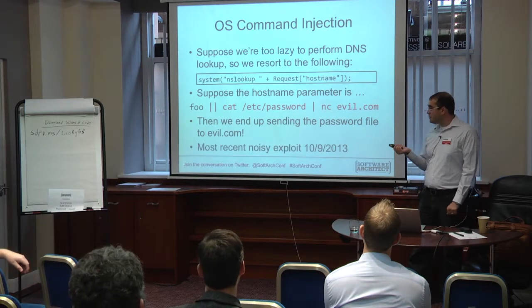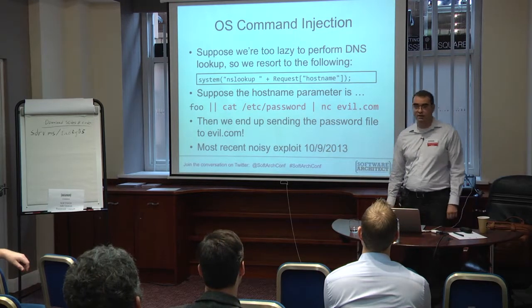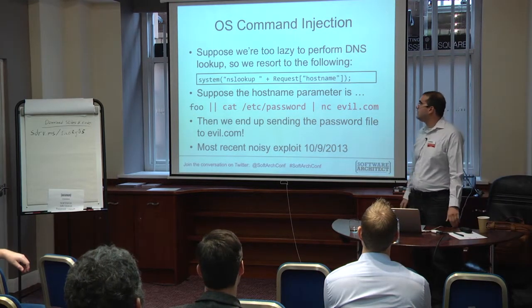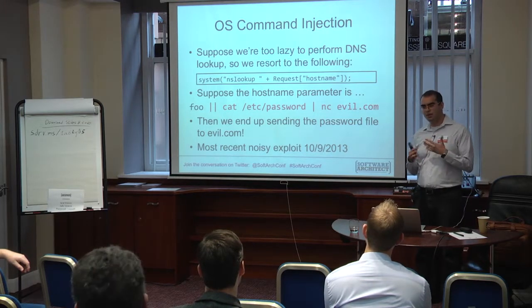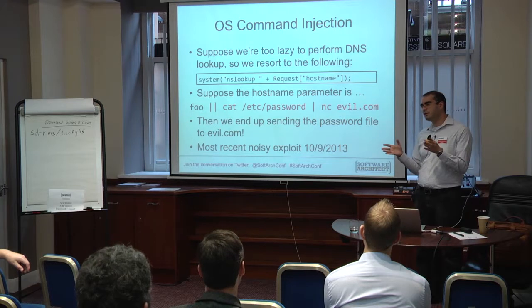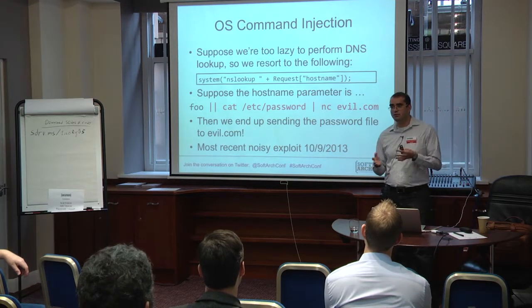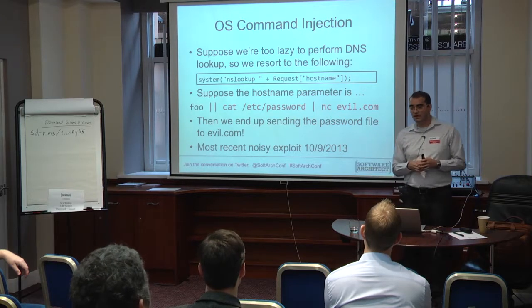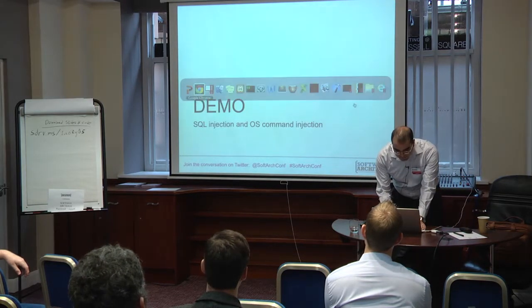So the most recent one I've found is from September 10th, and again in a D-Link router, which has this kind of ping option. You can input an IP address, and it will ping that for you just to see if you're connected to the internet, if everything's routed properly. And it looks a lot like this.